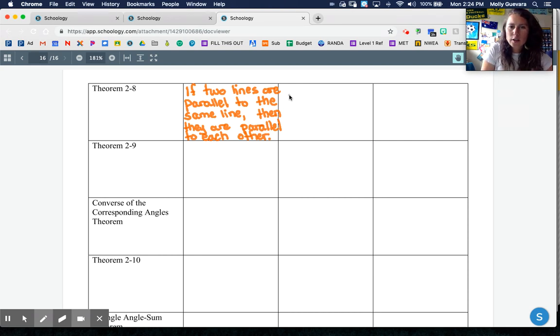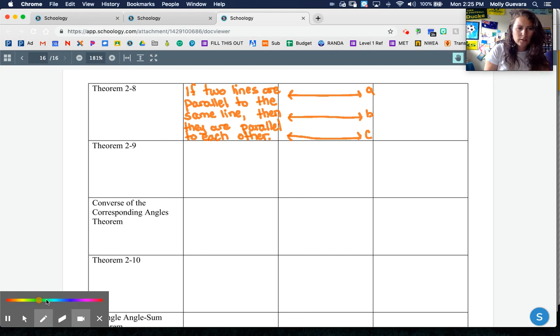So I'm going to draw 3 lines. And then I'm going to switch up the colors so that we can kind of look at this differently. Okay, so I'm going to call this A, this line B, and this line C. Okay, let's get a different color going.